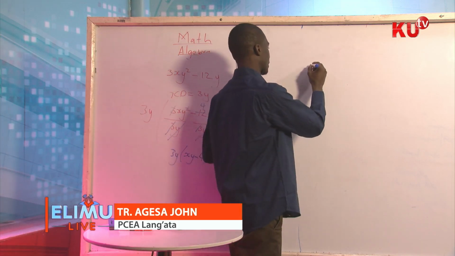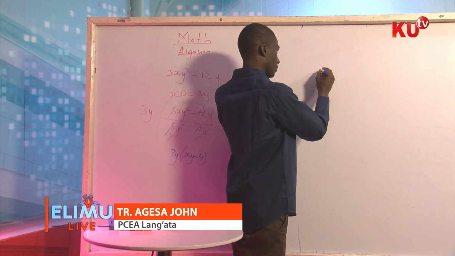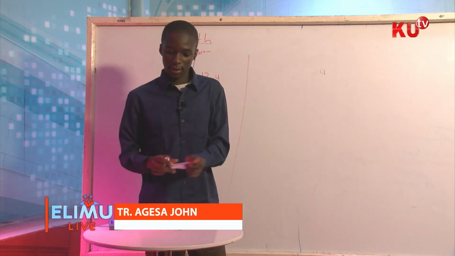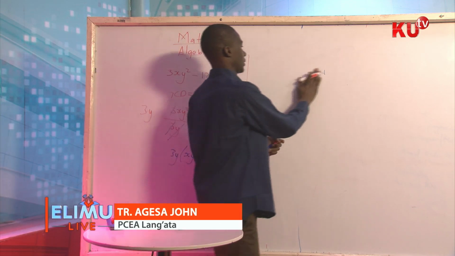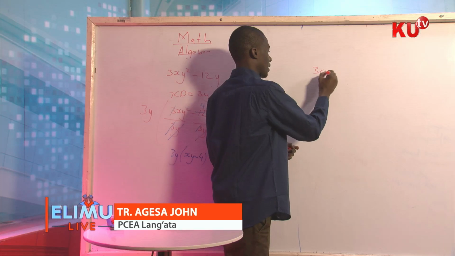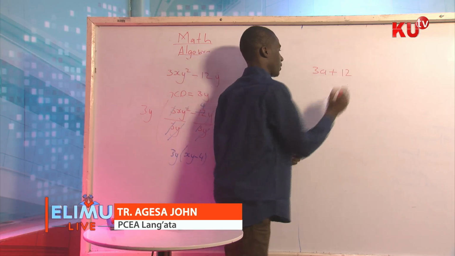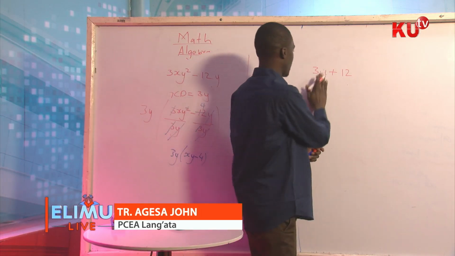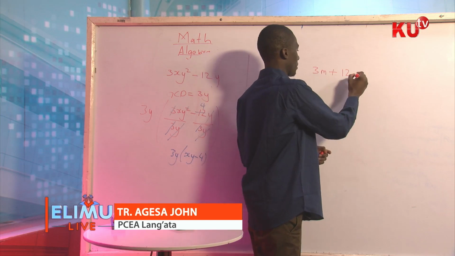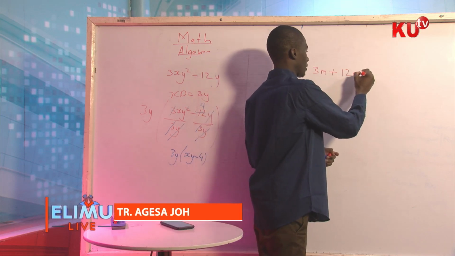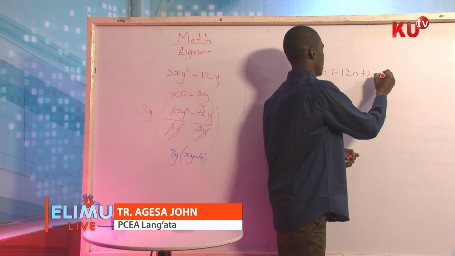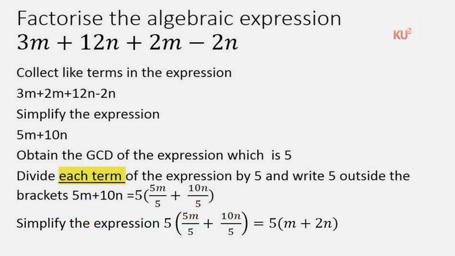I have an expression of this kind, 3m plus 12n plus 2m minus 3n.